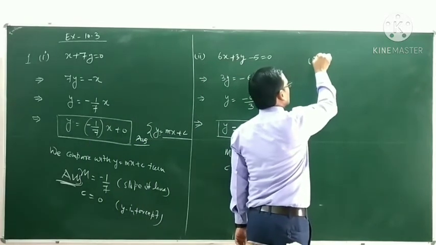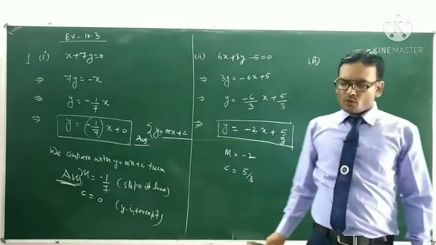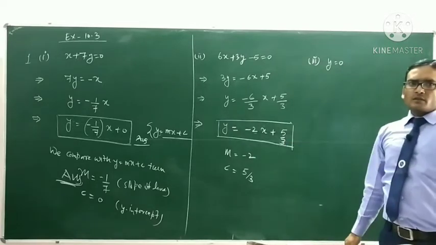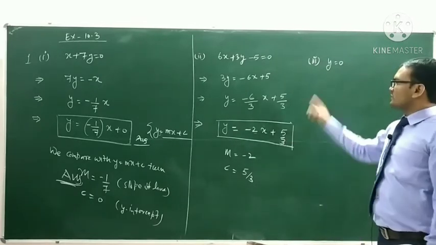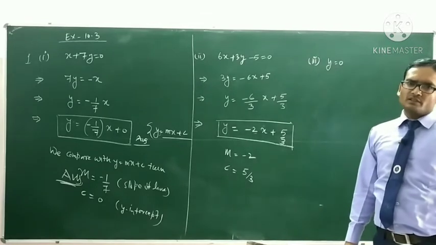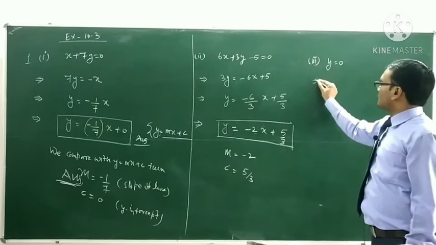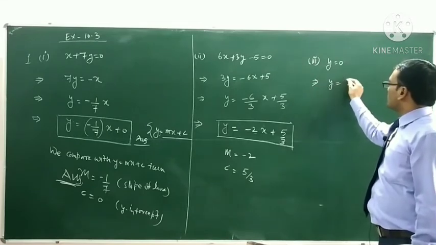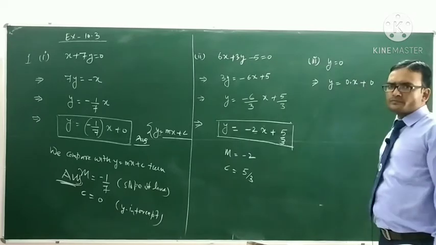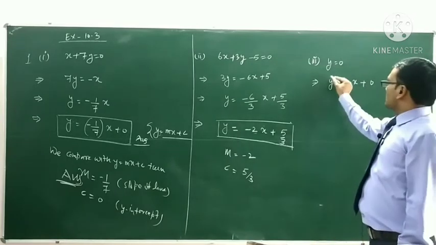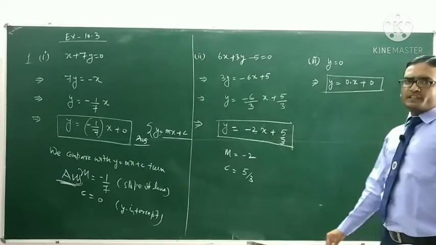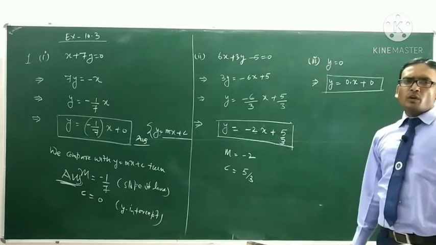Third part of question 1 is y equal to 0. We will reduce this equation in the form of y equal to mx plus c. This equation is also written as y equal to 0 into x plus 0, which is the slope intercept form of y equal to 0.